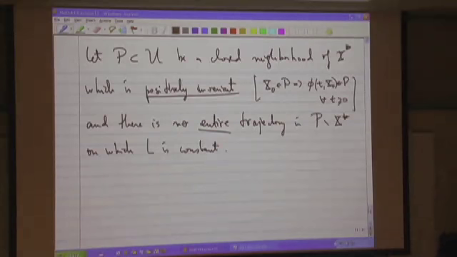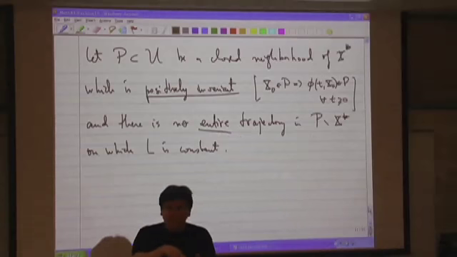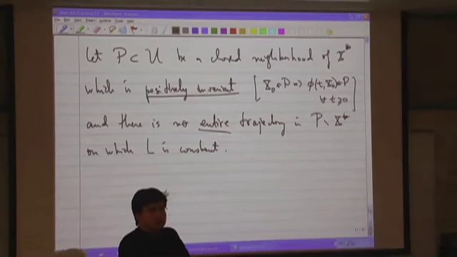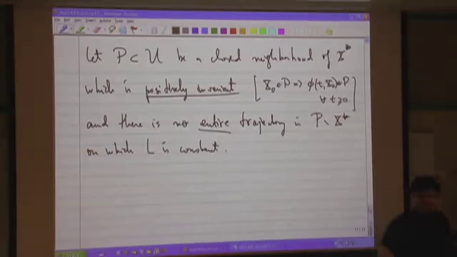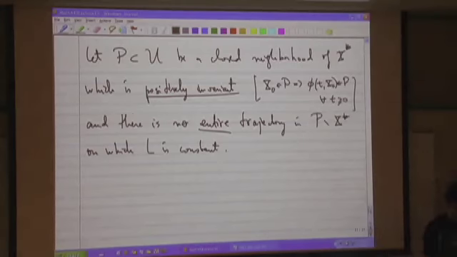This neighborhood does not contain any other equilibrium, because if there were, that point would be the entire trajectory, since it stays there, and L would be constant on it. That's avoided. Also, there are no periodic solutions on which L is constant. So it avoids all the possible ways a solution could fail to go to x star. Then the conclusion is that x star is asymptotically stable.